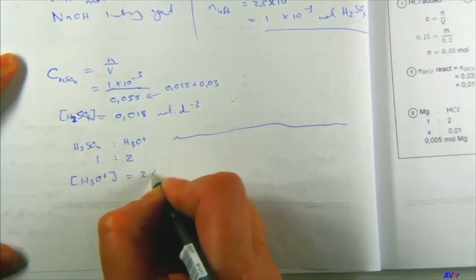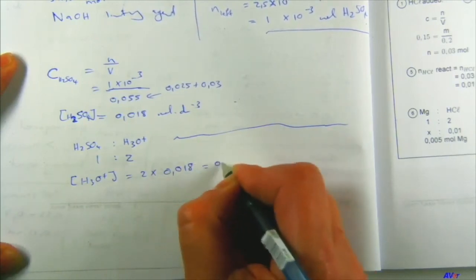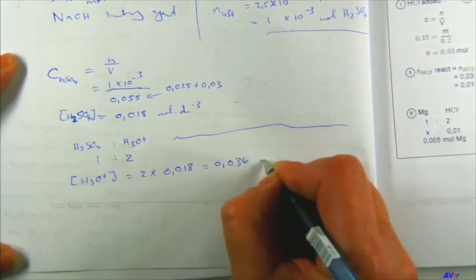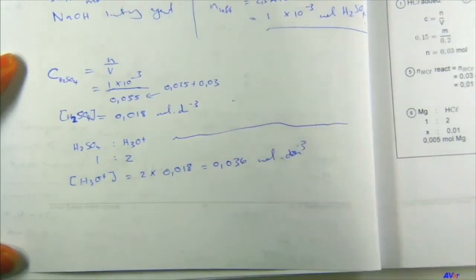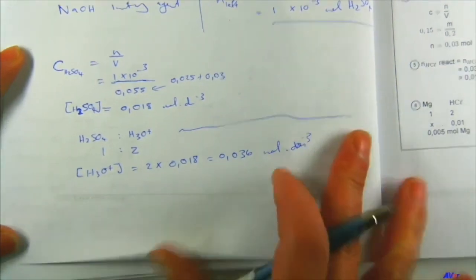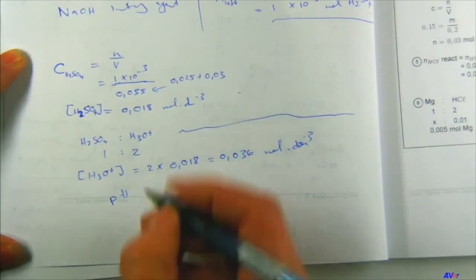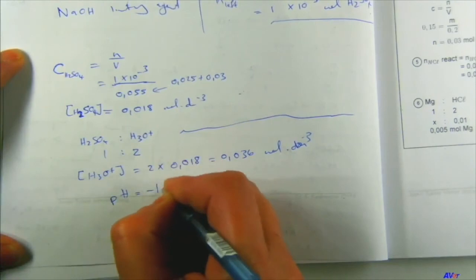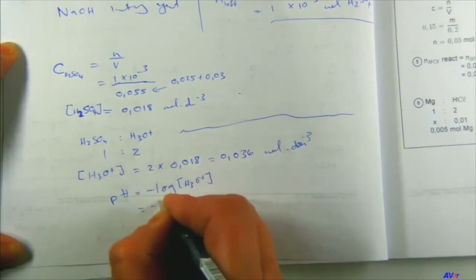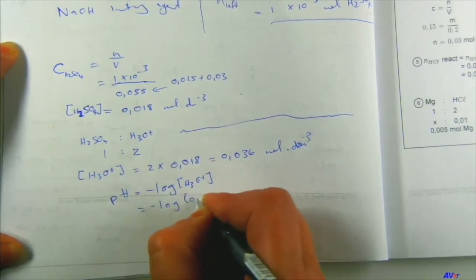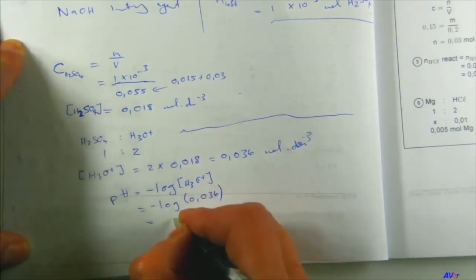It should be 2 times 0.018, which is 0.036 moles per cube decimeter. Okay, and then pH is easy, right? So for pH, you'll just put it into negative log of that H3O+ concentration. Negative log 0.036 to give a pH of 1.44.